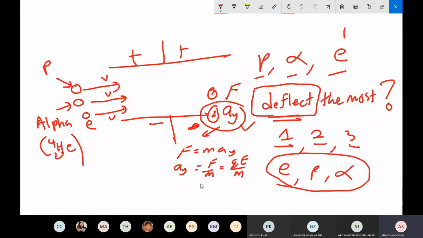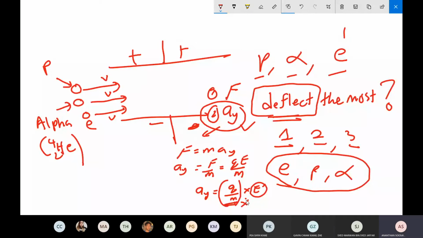QE over m is your vertical acceleration. So a_y depends on what factors? It depends on the electric field, which is the same for all three of them. And another factor which determines a_y is the ratio of charge to the mass of that particle.